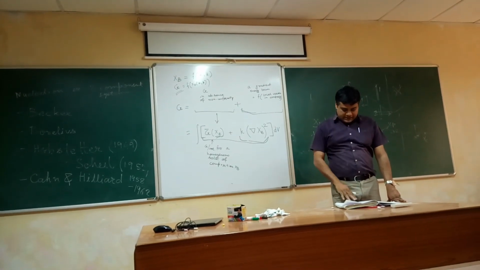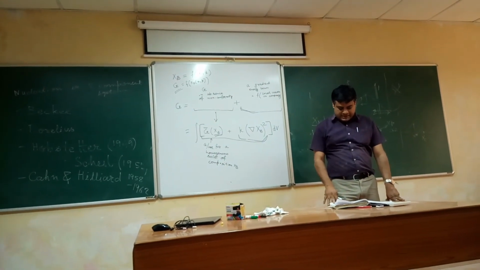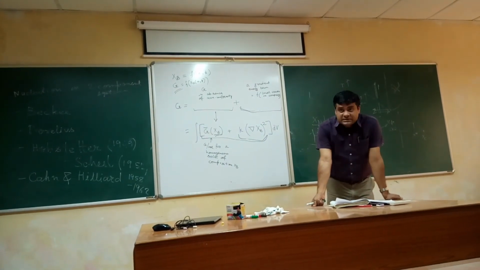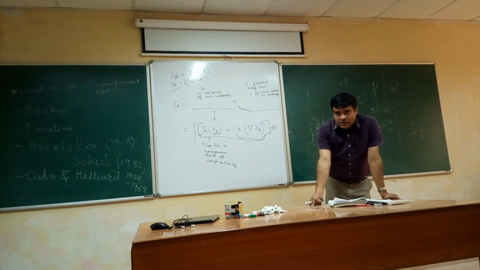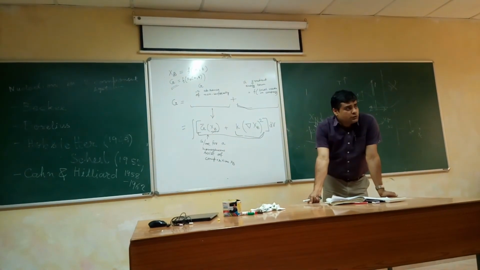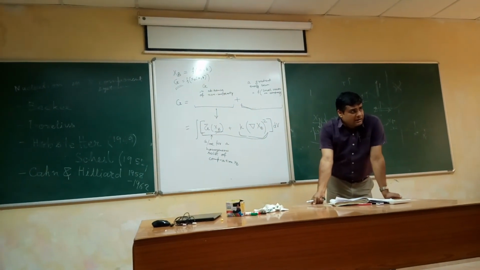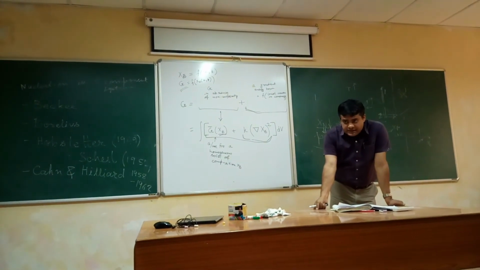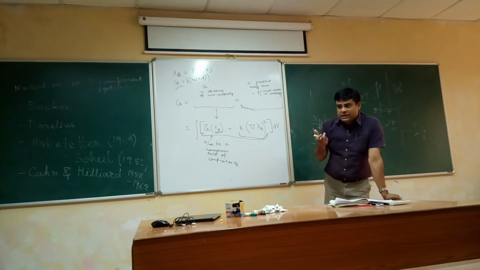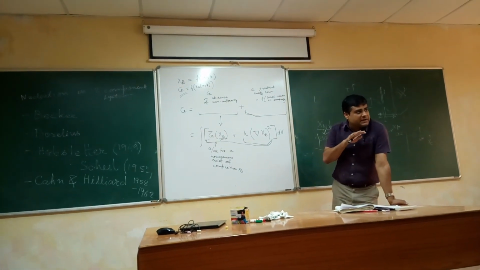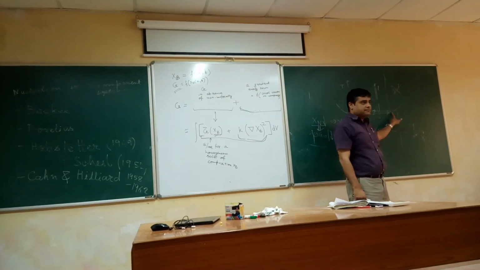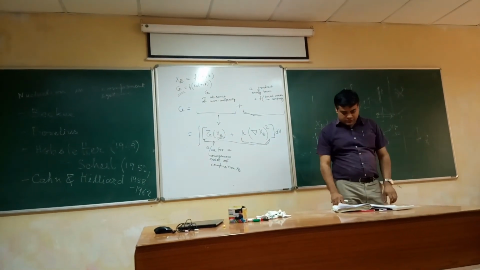Like all the classical nucleation theory, whatever it says, at low supersaturation, that is when temperature is close to TE, transformation temperature, then the composition of the embryo that is forming becomes uniform, and that becomes close to X beta. That is one thing.